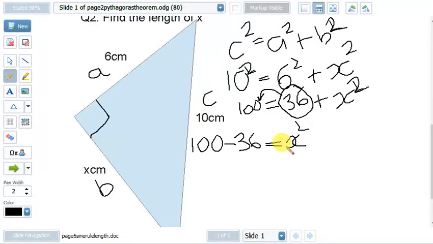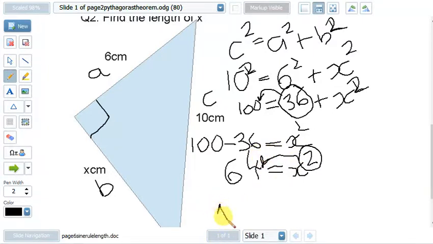And 100 take away 36 is 64, and that equals x squared. Now again, what we've got here is x squared equals, and we're always trying to get x by itself, so we bring over the squared to the other side, and then it becomes the square root of 64, which equals x.